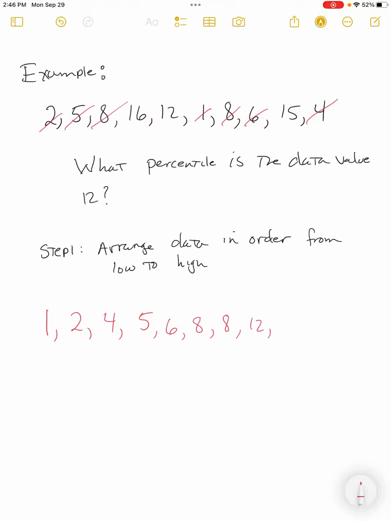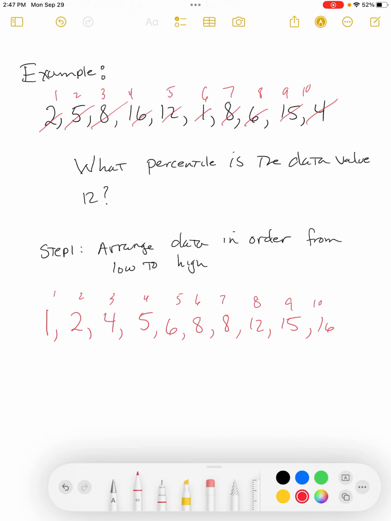And then the next number up, I think, is a 12, 15, and 16. So I'm just going to count up top and down below to make sure. I have 1, 2, 3, 4, 5, 6, 7, 8, 9, 10 original data points. And I have 1, 2, 3, 4, 5, 6, 7, 8, 9, 10 rearranged points. So perfect. I probably did it just great.